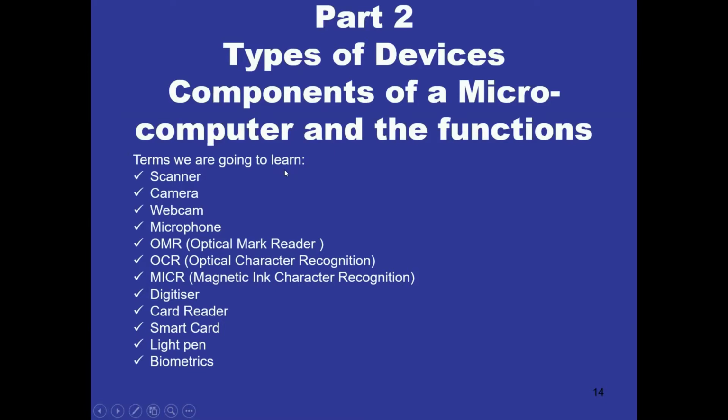So the terms we are going to learn: scanner, camera, webcam, microphone, OMR, for which the full term is optical mark reader, OCR, optical character recognition, MICR, magnetic ink character recognition, digitizer, card reader, smart card, light pen, and biometrics.